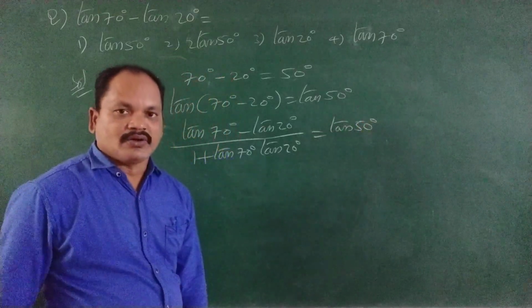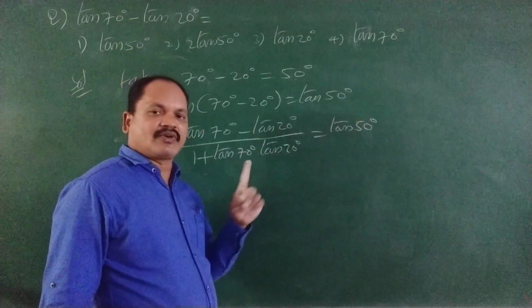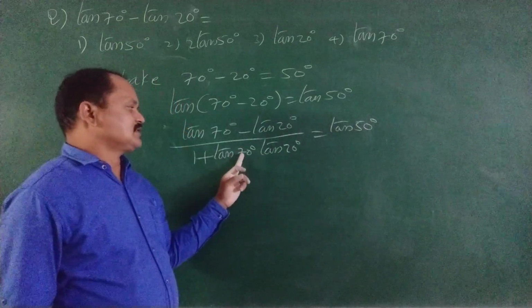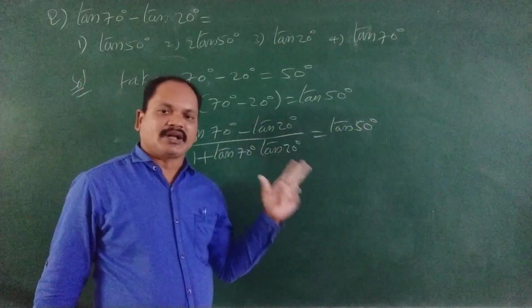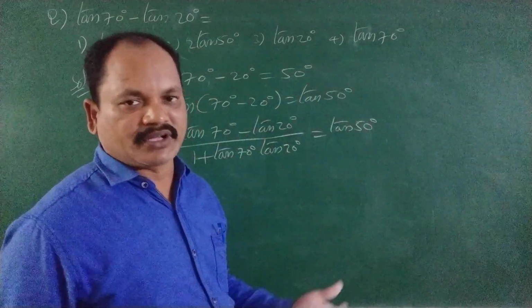We know that tan 70 into tan 20 is 1, since they are complementary angles, 70 plus 20 is 90. If alpha plus beta is 90, then tan alpha into tan beta is 1.